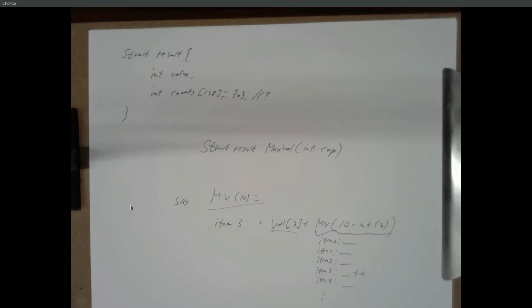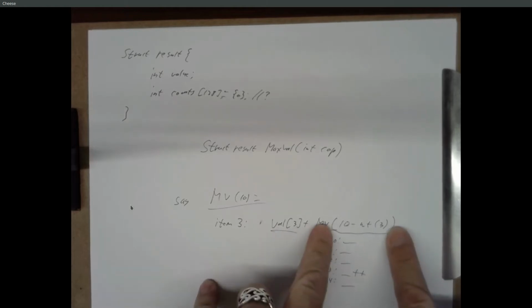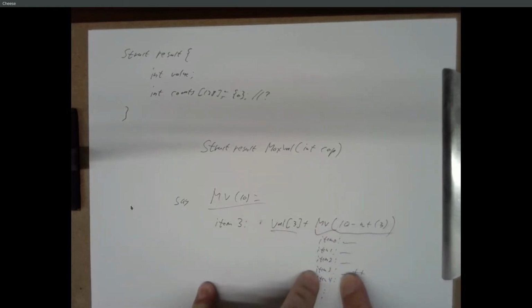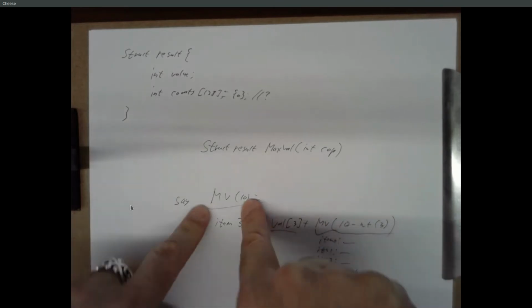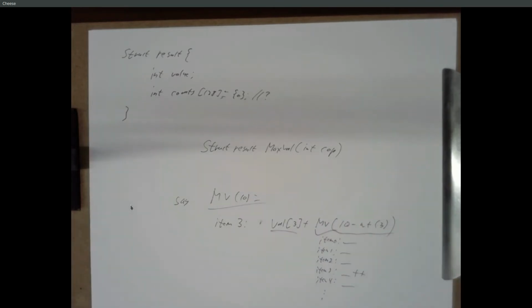So if we're just returning values, you take the value of this and you add the value of item 3. If we're returning inventories, take the inventory that gets you this and add 1 to the count of item 3. And that's the value you return from your outer call to maxval. We're going to do a rod cutting problem on the board in a minute, which might help also.